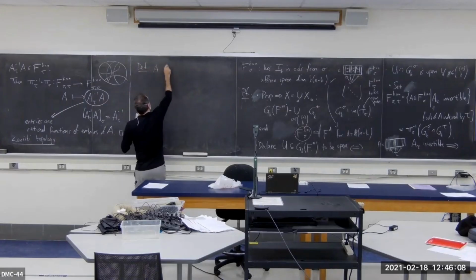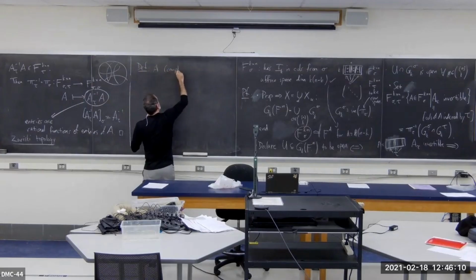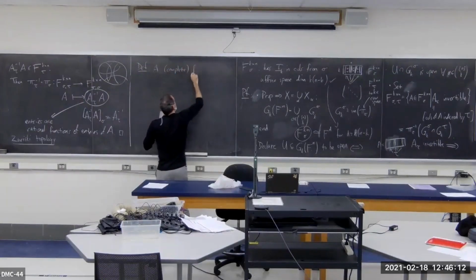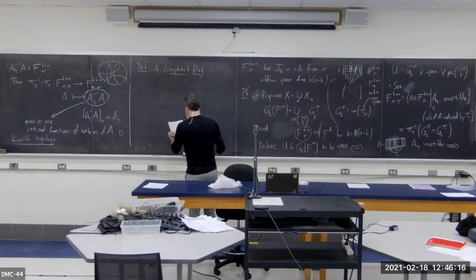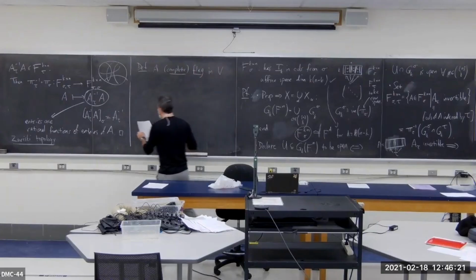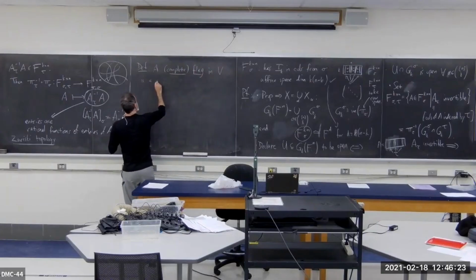Definition. A complete flag in V. So V is just a vector space. Is a chain.